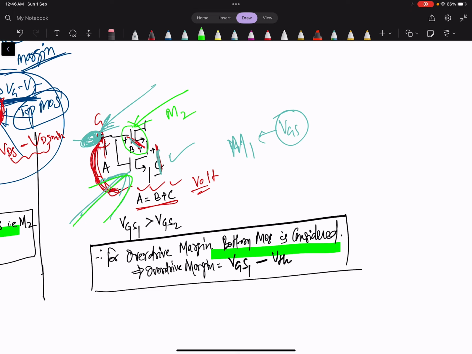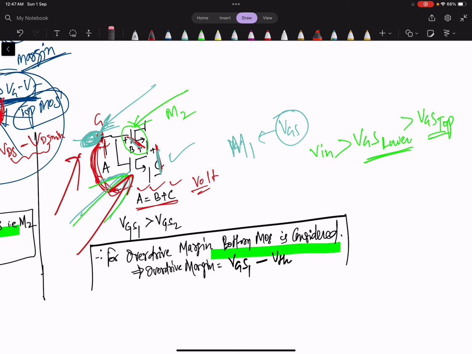So the input voltage should be greater than the VGS of the lower one, and then it will automatically be greater than the top VGS. So for the margin at the input, we will take the VGS of the lower device.